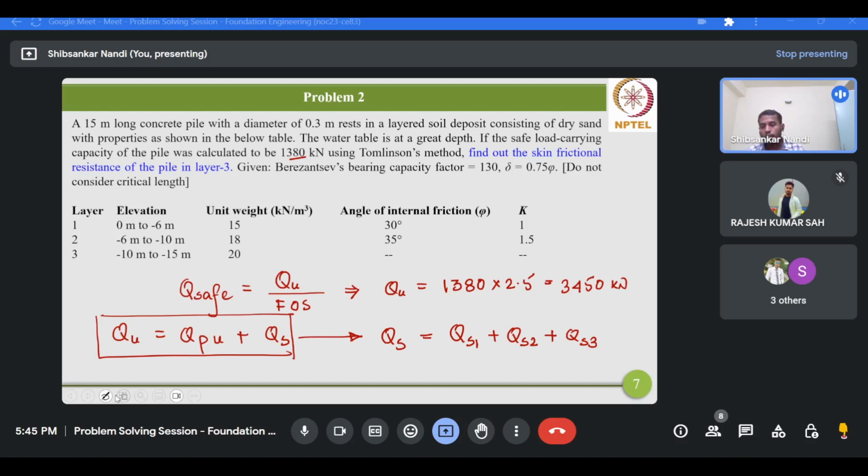So Qs3 will be Qu minus Qpu minus Qs1 minus Qs2. We know Qu, so we only have to calculate these individually: Qpu, the ultimate point bearing capacity of the pile, then the ultimate skin friction resistance for layer 1 and layer 2.